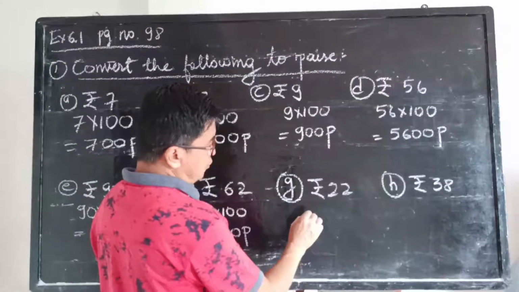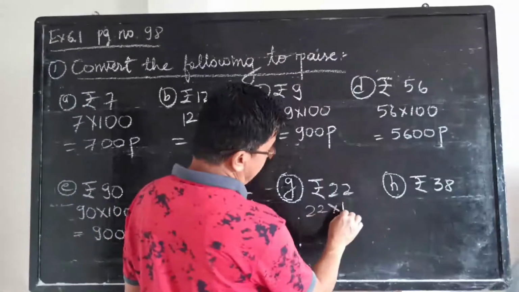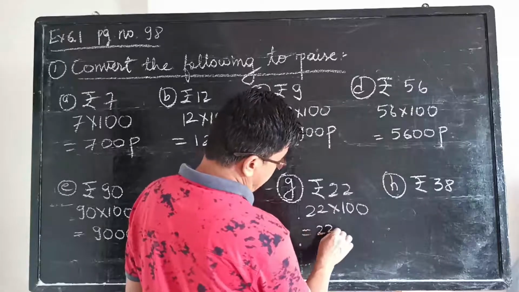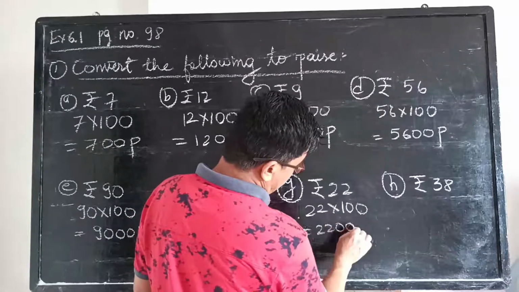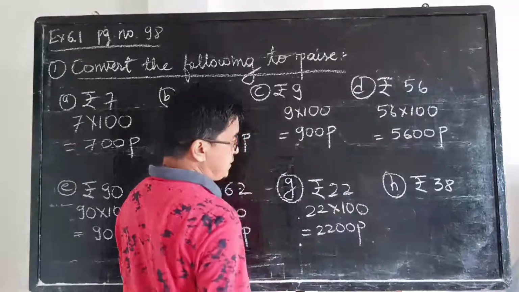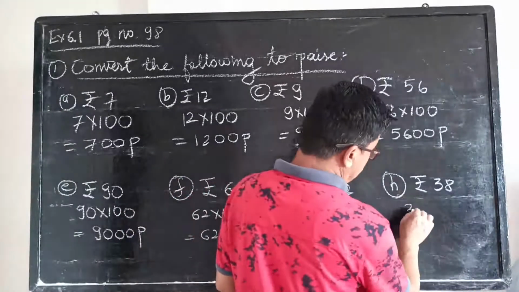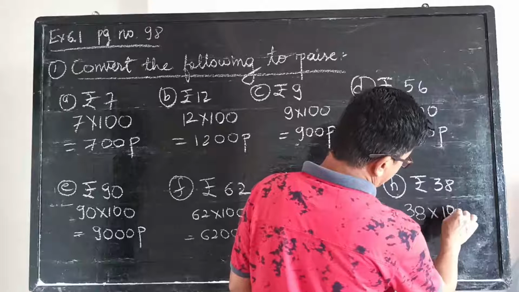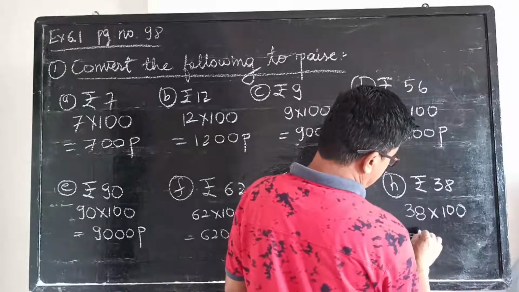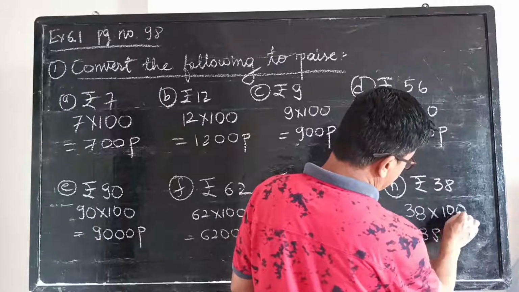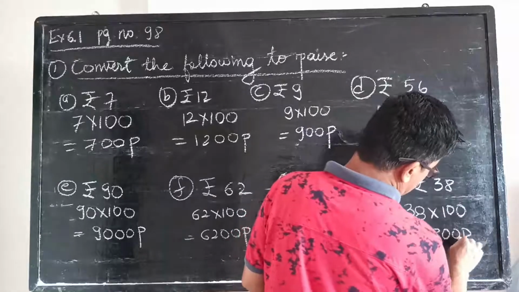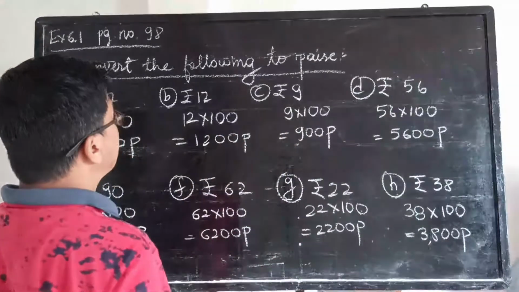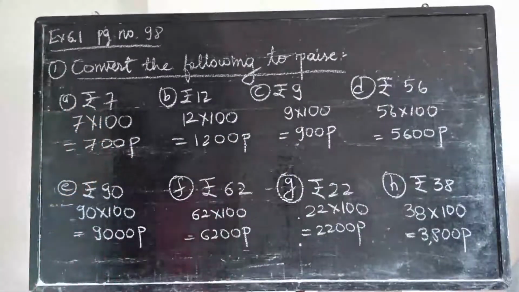Here 22 into 100 is equal to 22 and 2 zeros, 2200 paise. And H, 38 into 100 is equal to 38, then how many zeros? 2, 3800 paise. This way you convert the following rupees into paise.